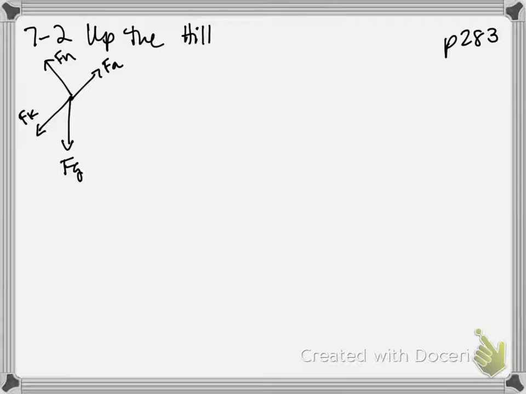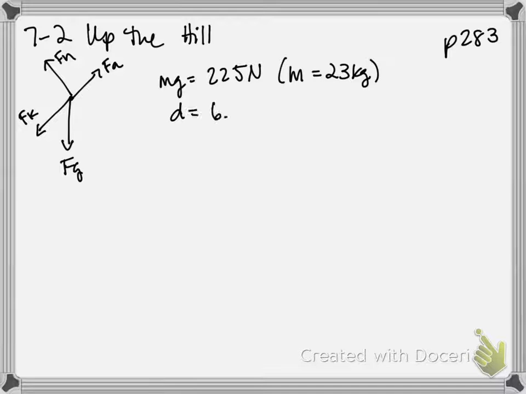So we've got the weight of this crate, 225 newtons, and the type A part of me wants to find the mass and just write it down in case I need it. We know it's going to move a distance of 6 meters, and I probably should have added that to my drawing here.